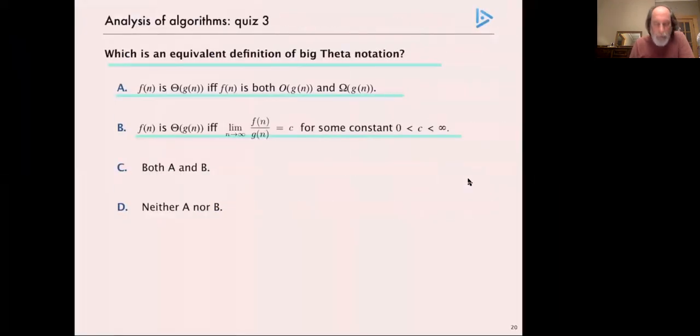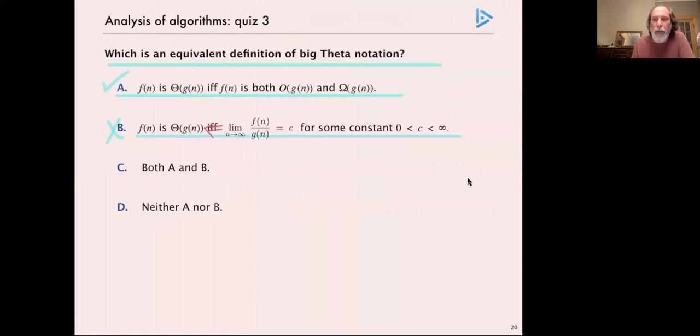But this statement is not correct. So this statement is good. This statement actually is not quite correct. I'm going to show one direction of this, namely this one.